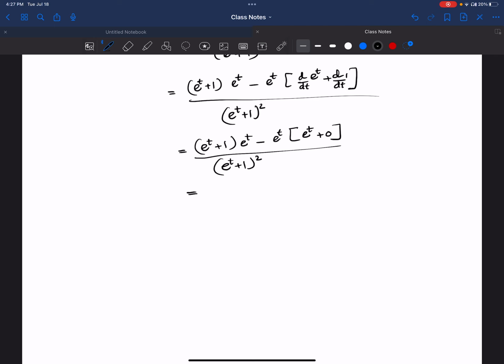From the first one, you get e to the power t times e to the power t, that means e to the power 2t, plus e to the power t, minus e to the power 2t, divided by e to the power t plus 1 squared. This cancels with that, and then you have e to the power t divided by e to the power t plus 1 squared.